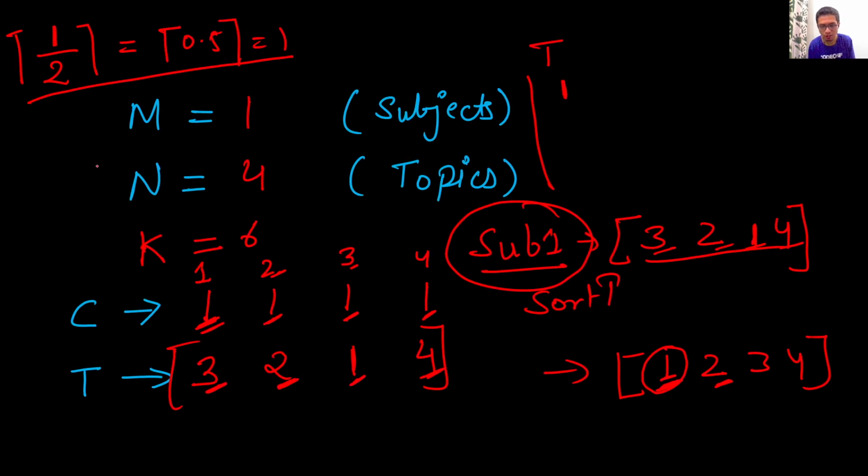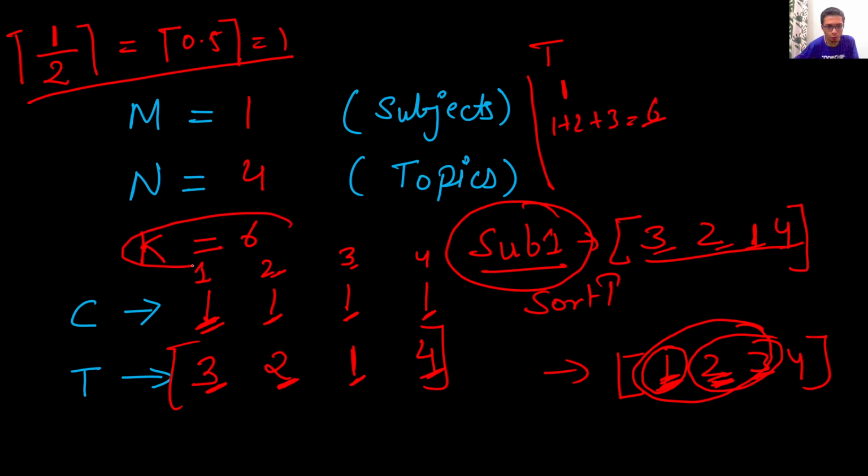So instead of having 2 topics, let's try to have 3 topics, right? So instead of having this 2, I'll try to have these 2, right? So now I have 1, 2 and 3. So the time taken till now is 1 plus 2 plus 3, right? Which is 6, right? So K is 6, so we can take this case, right?